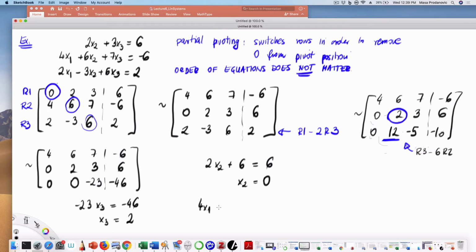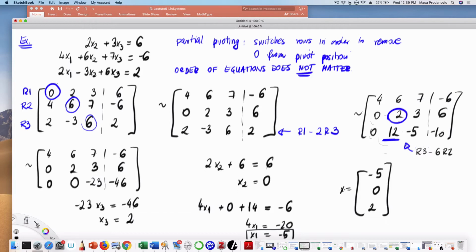And 4x1 plus 0 plus 7 times 2, which is 14, is minus 6. So 4x1 is minus 20, x1 is minus 5. So my solution is minus 5, 0, and 2 as a vector.